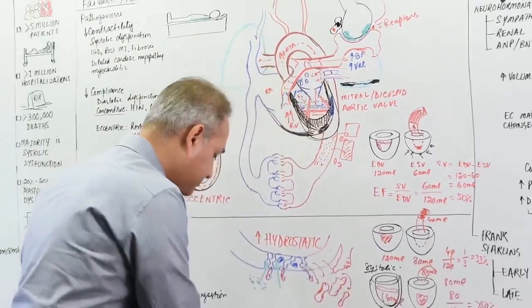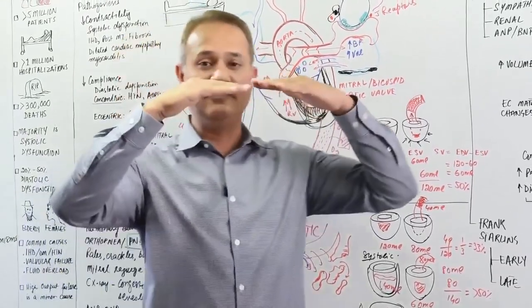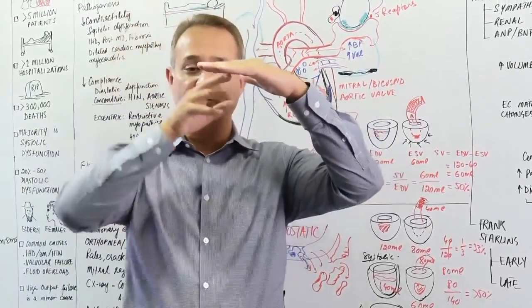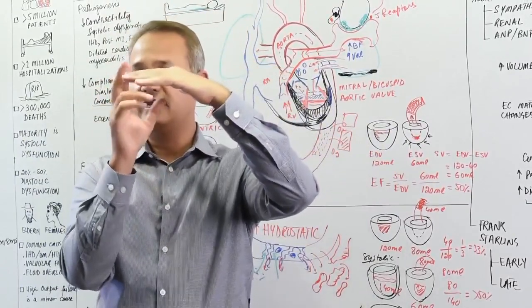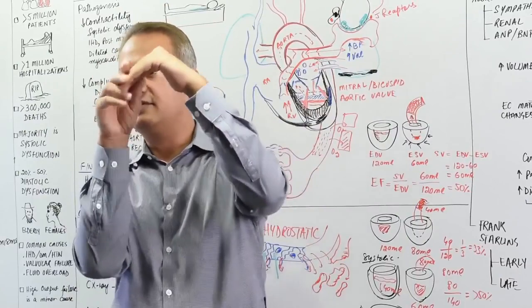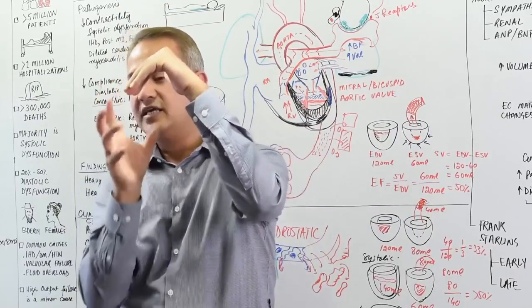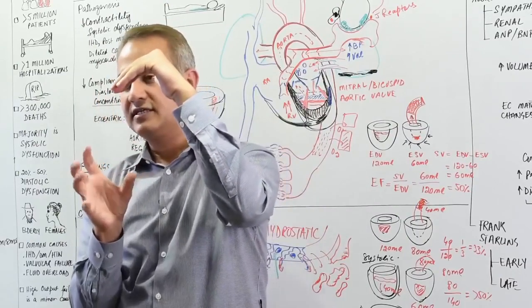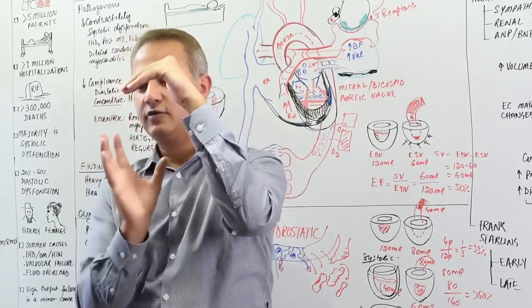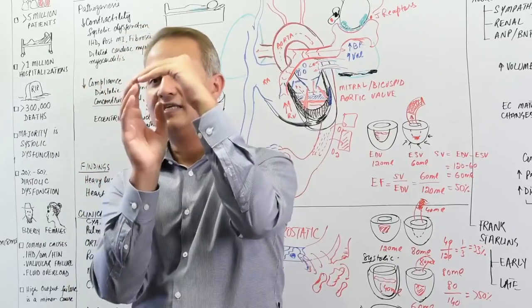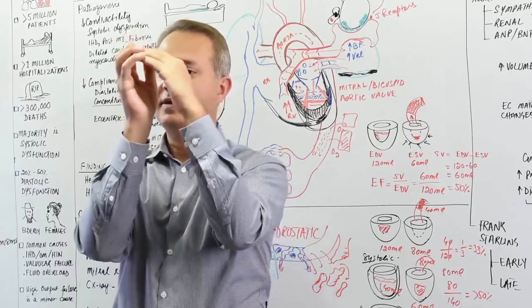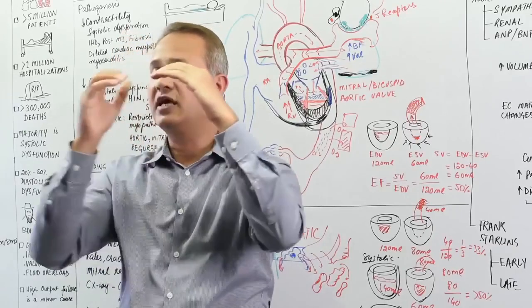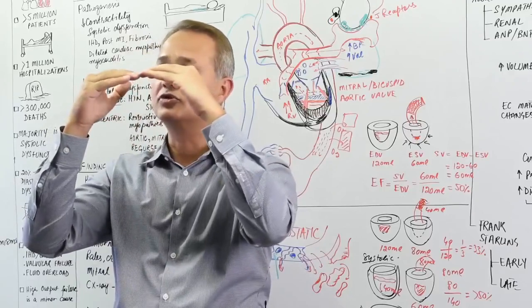So let me say, these are the two leaflets, atria is here, ventricle is here. Now let's take one leaflet, and here is a papillary muscle that is pulling the leaflet down. So when the ventricle is contracting, it would push the blood up, and as the valve starts going back towards the atria, the papillary muscle is going to pull it down enough that two valves would come and close.